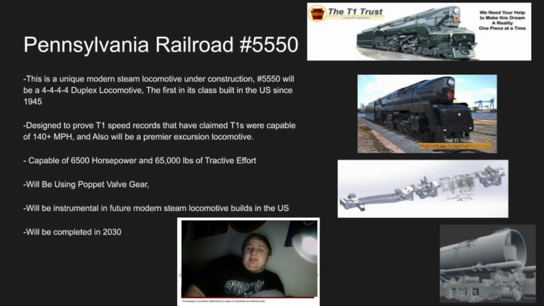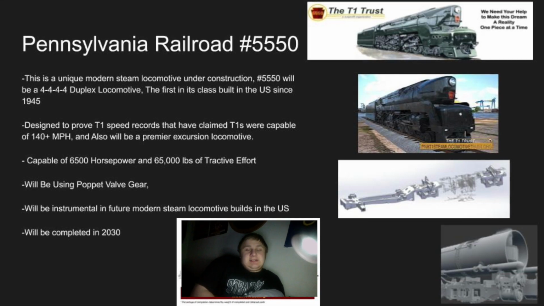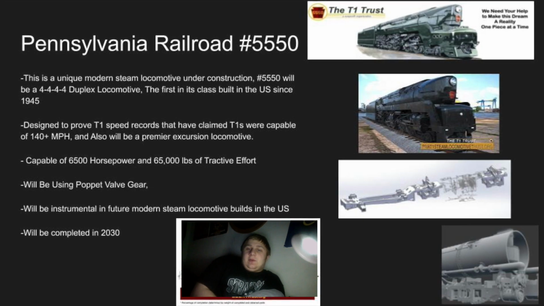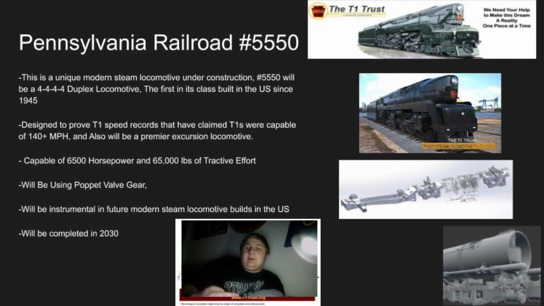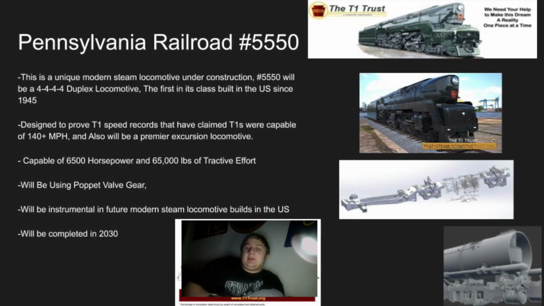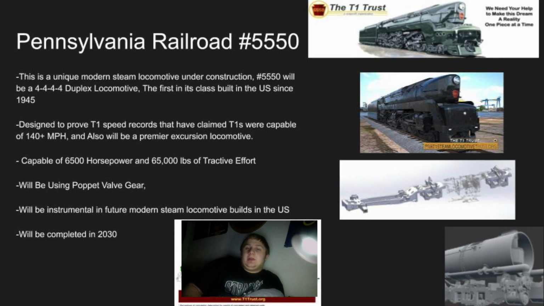But here's the main prince of the crown. Our pride at the moment. The T1 5550. This is a unique modern steam locomotive. One that I think will revolutionize the world. 5550 is a 4-4-4-4 duplex, which means it has 4 trailing wheels, one pair of driving wheels, another pair of drivers, and a lead truck, which is 4.